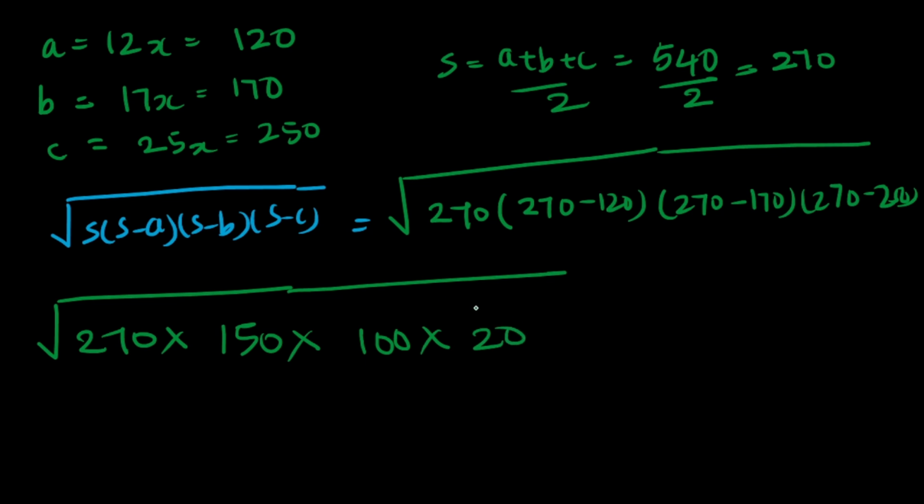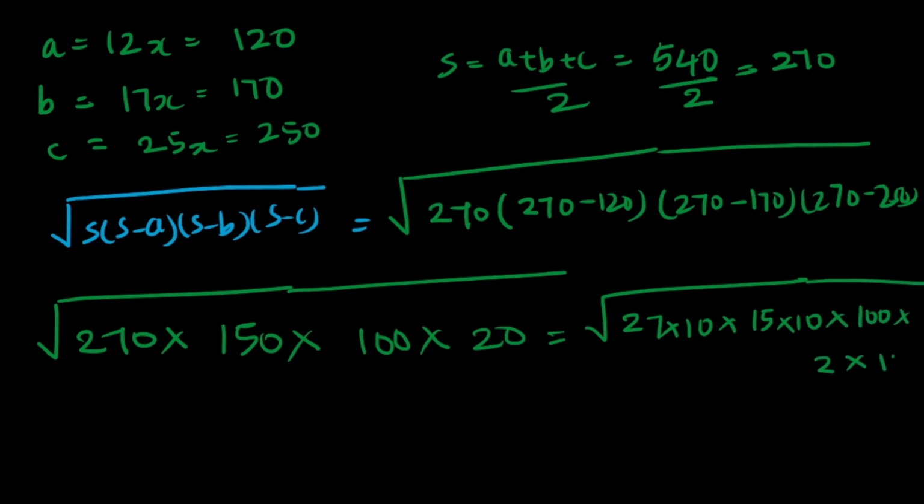So for that, what I'm going to do is write 27 into 10 into 15 into 10, then you have 100 into 2 into 10, right? Here you know that 100 can be written as 10 into 10. Already 10 into 10 is also over here. So when you take it outside, you have 10 into 10, right?